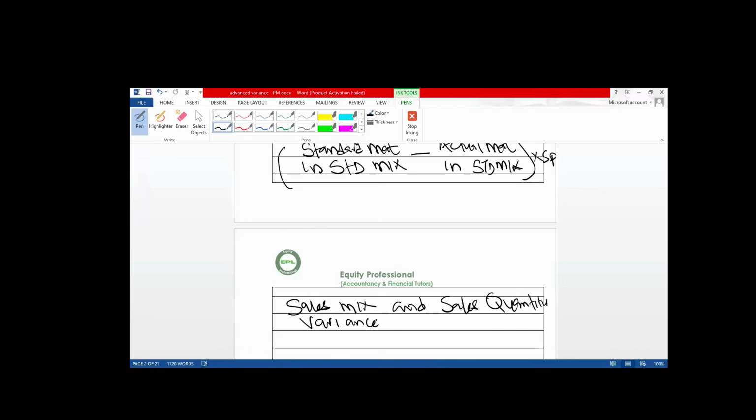You can further subdivide your sales volume variance into sales mix and sales quantity variance.